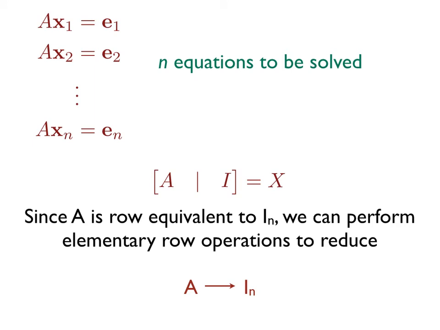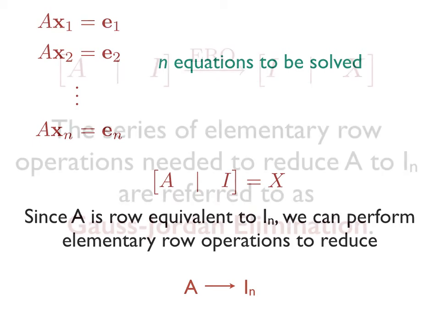So we know from before that if A has an inverse, then it must be row equivalent to the identity matrix. So there must be some elementary row operations that will turn the A, which is a coefficient matrix, into the identity. Now you might ask, why would we want to do that? Well, if you think about it, we're trying to solve n equations simultaneously. And so we're looking for a clean, straightforward way to do that so that we can read our solution right off.